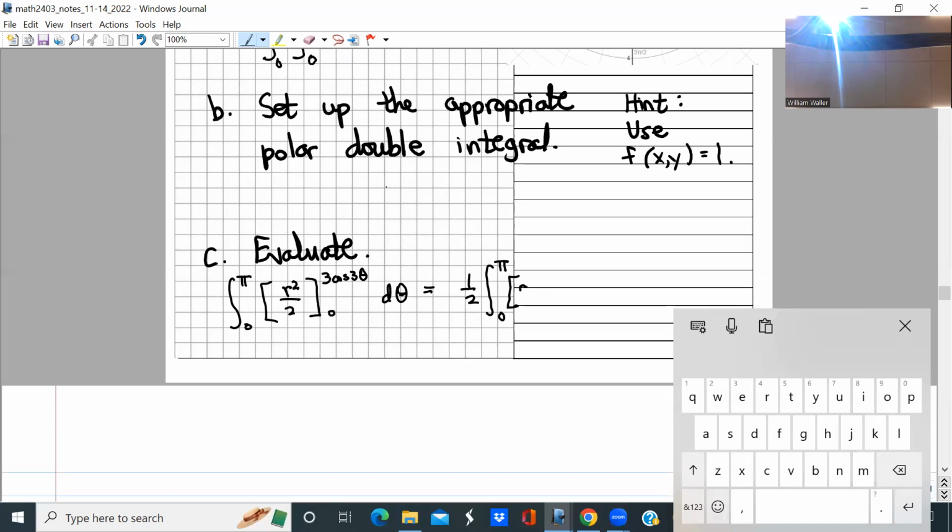So that gives us what? 9 cosine squared of 3 theta? That's ugly. But when you plug 0 in, that's a lot better, because you just get 0. So I have here a 9 cosine squared 3 theta, just d theta.